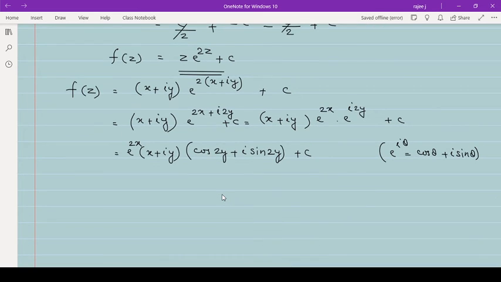Now this is equal to e raised to 2x. So we need u and v. Our aim is to convert this into u plus iv form, real part together, imaginary part together.